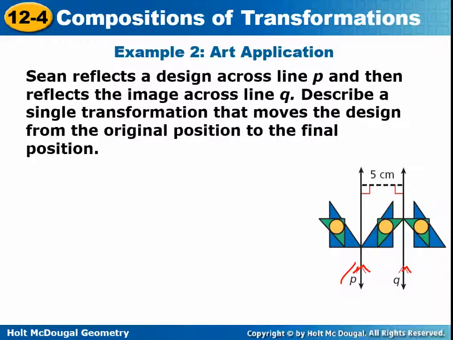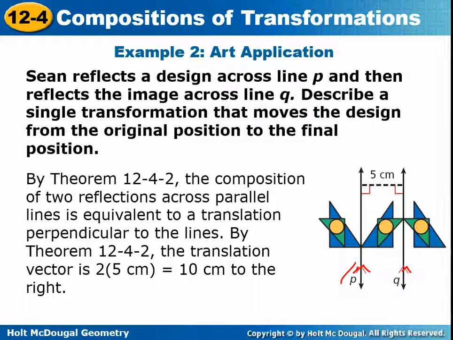And the answer is that this would be a translation. And it would be twice, I don't know if I said this on the last page, but it would be twice the distance between the two parallel lines. So the translation vector would be 10 centimeters to the right. So if you had to write it, as a vector, it would look like that.